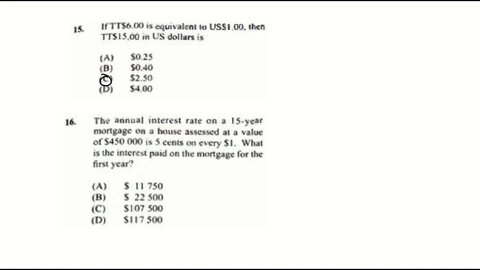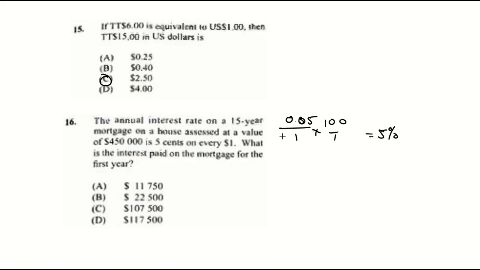Right? Then we have an annual interest rate on a 15-year mortgage on a house assessed at a value of 450,000 is 5 cents for every dollar. Find the interest paid on the mortgage for the first year. So now it's 5 cents on every dollar. So 0.05 over a dollar, to percent, it's easier to deal with percent, it's 5%.